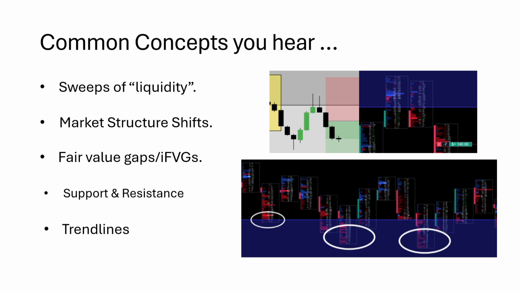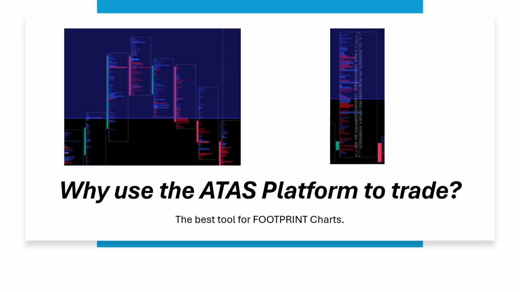So anyone can trade the markets, but very few can extract money from it. And so the difference between those who try and trade it and those who extract money simply comes down to the charts you see on the screen, right? So you've got this left-hand image and this right-hand image. And a lot of the common concepts that you hear, you can chart all of them up on the ATS platform, right? So the question becomes, why aren't you doing it?